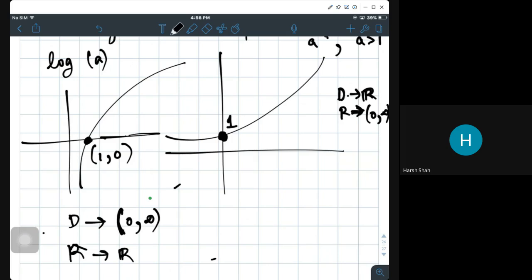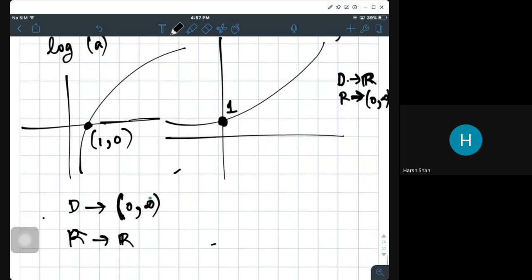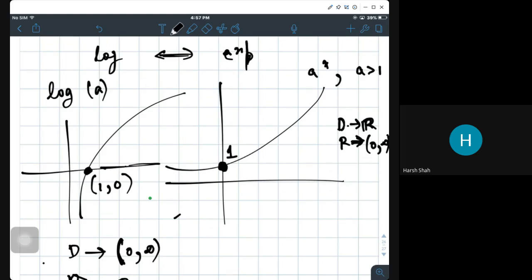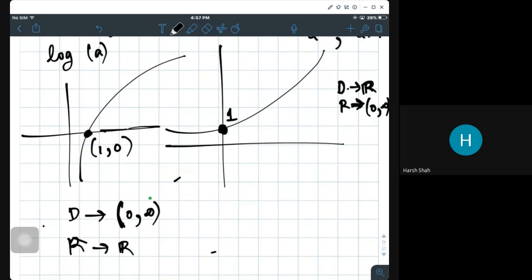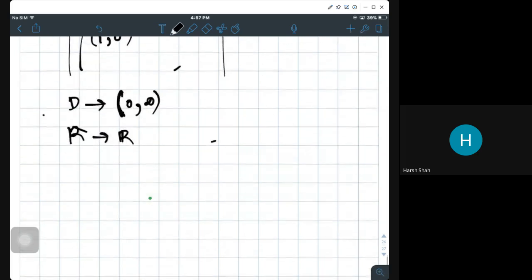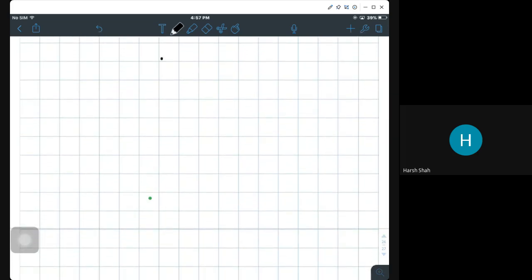I am not putting a square bracket, no. This is like 10 to the power minus 10, 0.0001, that is existing. So this is your inverse functions also, and this is week 5 and week 6 both. I hope this is clear.